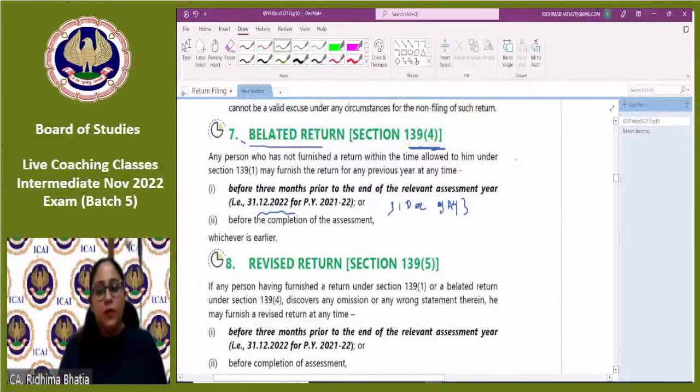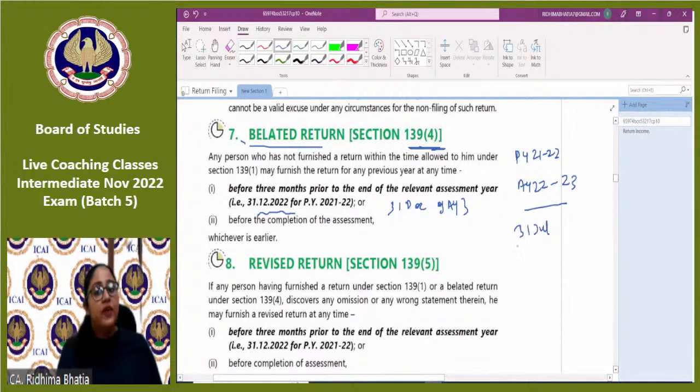So if I talk about previous year 21-22, assessment year 22-23, simple people like us who do not have audit, the return filing date is 31st July. So if he files the return by 31st July, it would be under section 139(1).